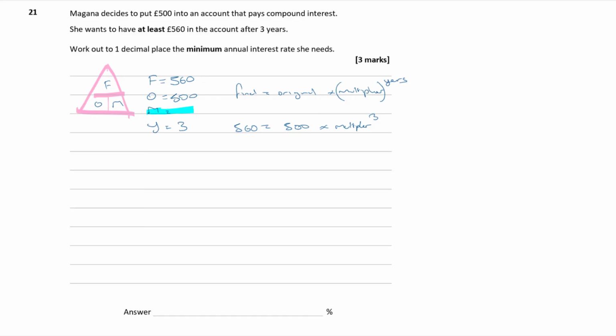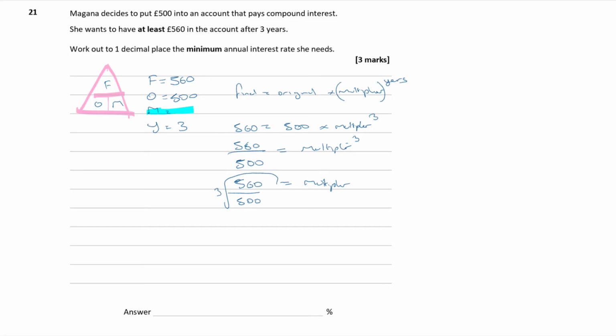Dividing both sides by 500, I'm going to get 560 over 500 is equal to multiplier cubed, and then taking the cube root of both sides, my multiplier is going to be 560 over 500 all cube rooted.